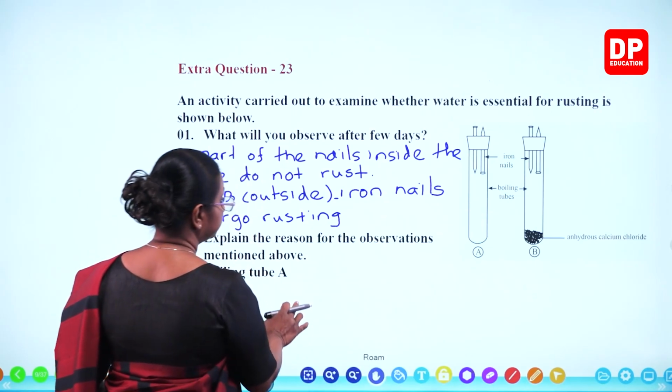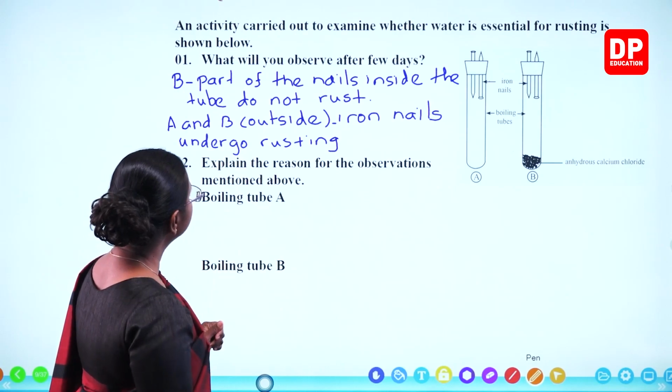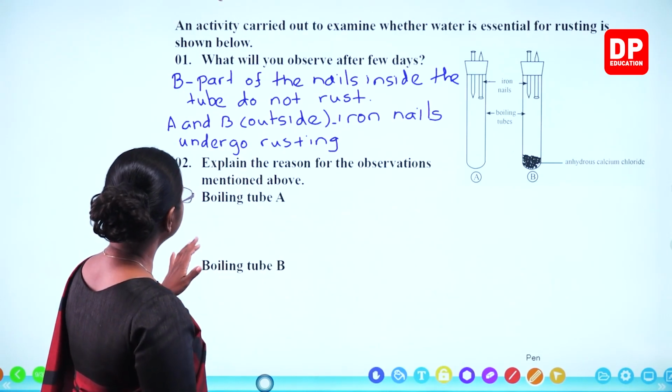Then, explain the reason for the observation mentioned above.